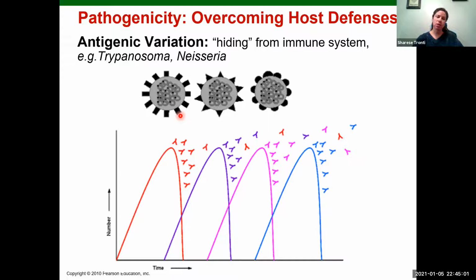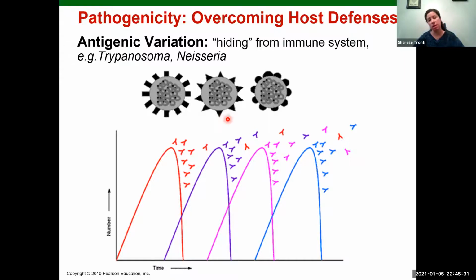The immune system learns about these antigens. It produces antibodies that will then bind to that antigen, mark it as non-self, and kill it. So the microbe responds by changing the antigen. It changes the shape of its antigens on the surface. Now the immune system can no longer recognize that antigen, and the microbe can go along unrecognized.